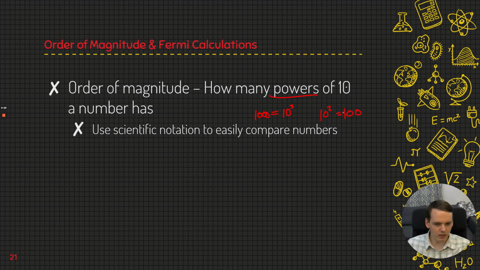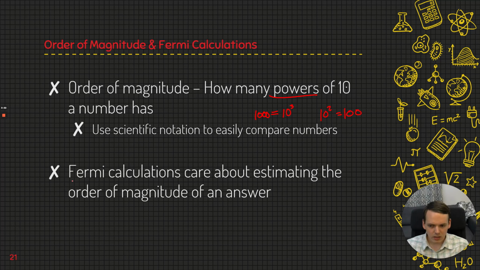And so if you're doing a calculation and you're finding the size of a table that should fit in a room, you would expect it to be somewhere between 1 meter and 10 meters, somewhere in that ballpark. This is the idea here, that we have a rough idea of about how big our answers should be.